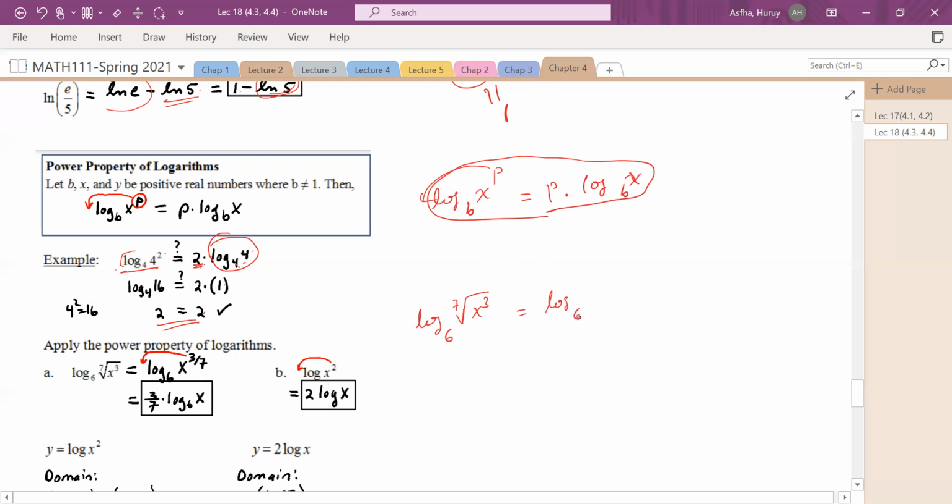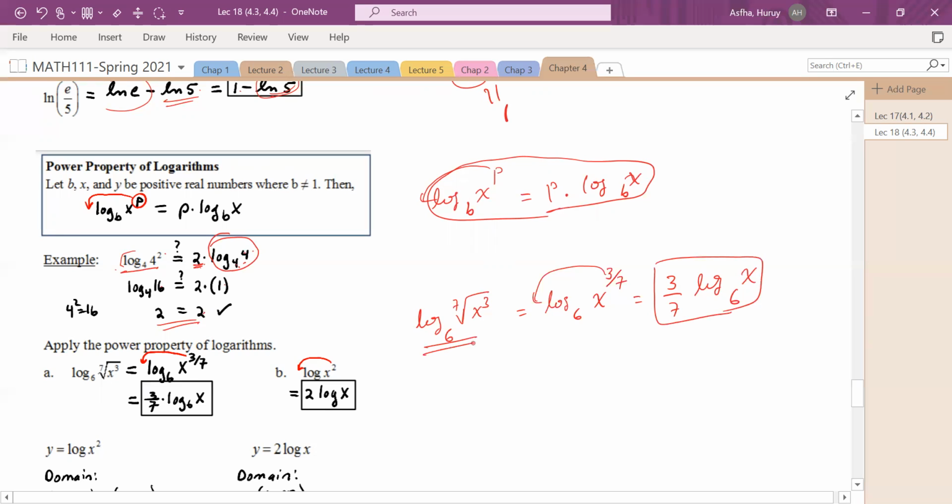This is log base 6 of x to the power of, now the 7th root, we can write it as 3/7 because that means 1/7, right? And now using the power property, I can bring this one down here, and we can write this one as 3/7 log x base 6.